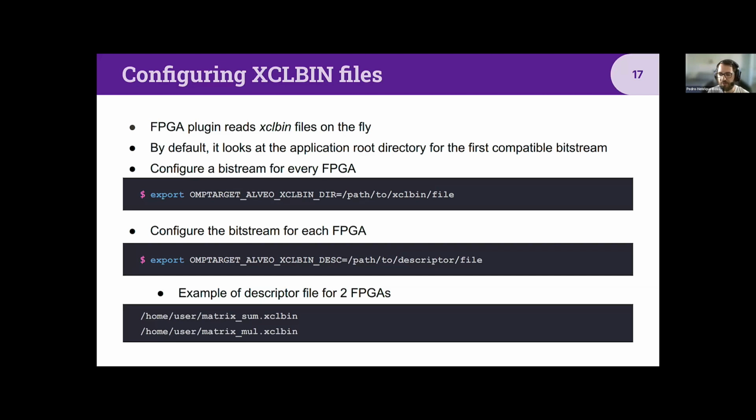So here you have this flexible way to set which FPGA executes things. And you don't have to worry about this in the code, because you just generate your target tasks there, and the runtime will take care of scheduling to the right FPGA that can execute that kernel or not.